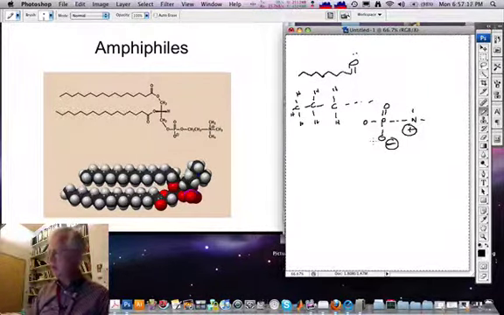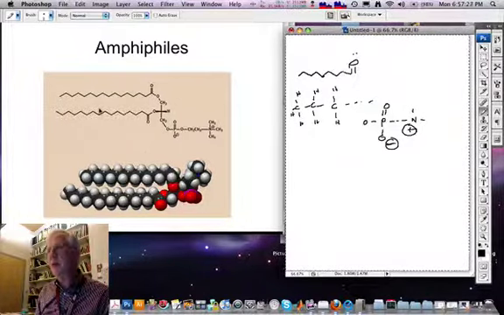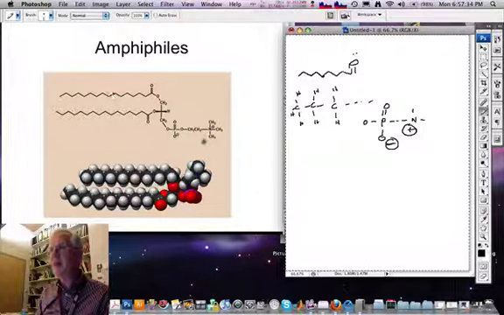So this region of the molecule here is hydrophilic, and this region here is hydrophobic. This means that when many of these are present in an aqueous solution, the hydrophobic interaction will tend to push this part, the chicken fat part, together, while having this part, the ionic part, in solution.